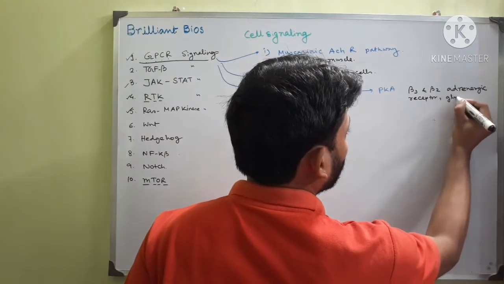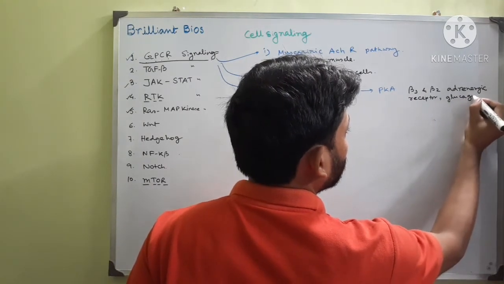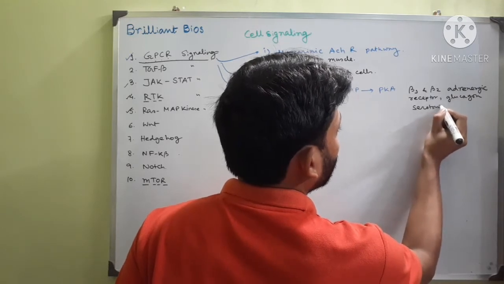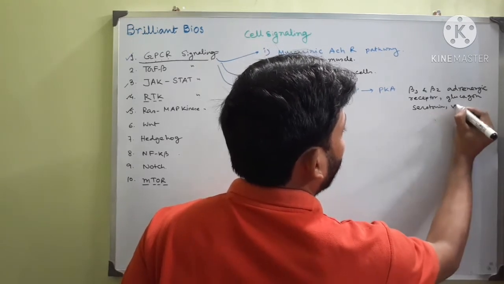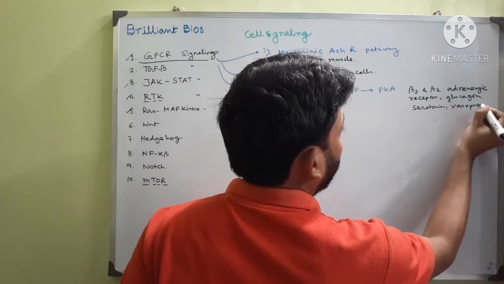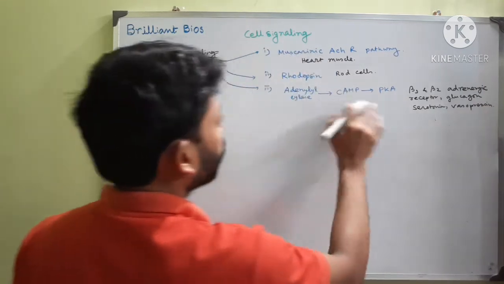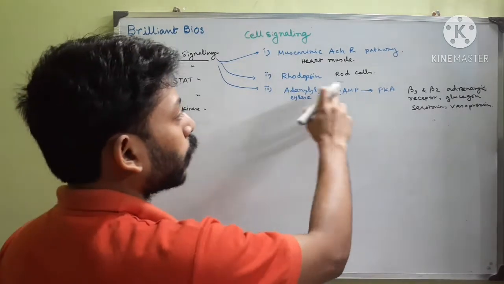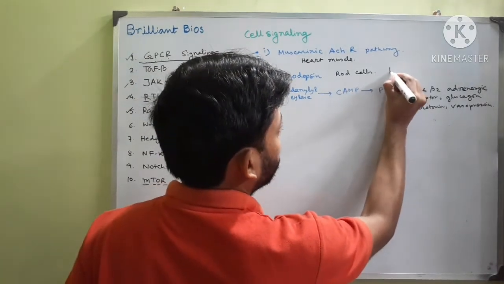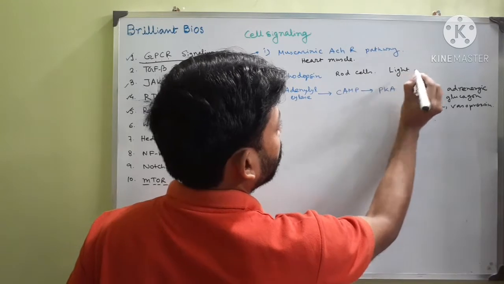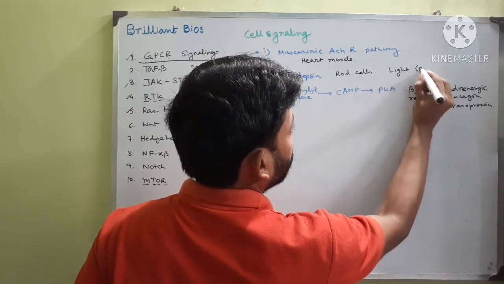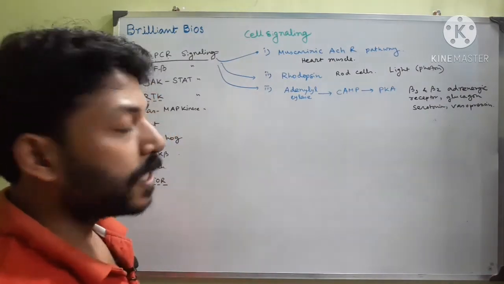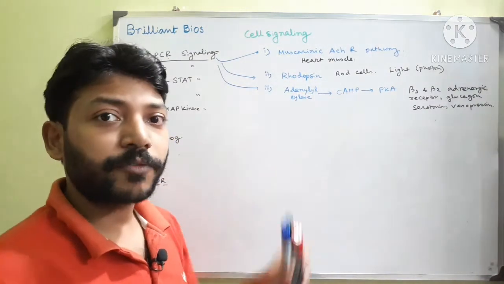Or glucagon hormone, or serotonin neurotransmitter and vasopressin hormone can do this pathway through the GPCR signaling pathway. In case of rhodopsin, the initial point is light photon, which activates rhodopsins, and in each case they activate different molecules.